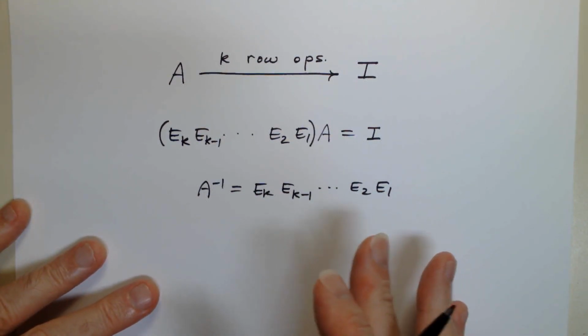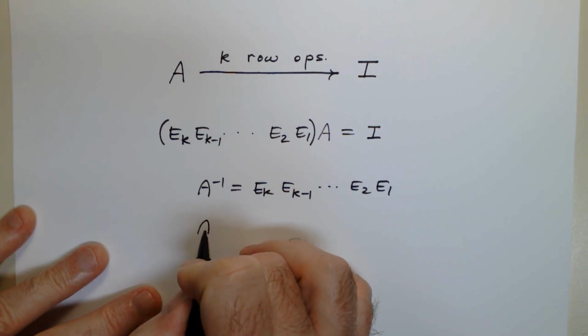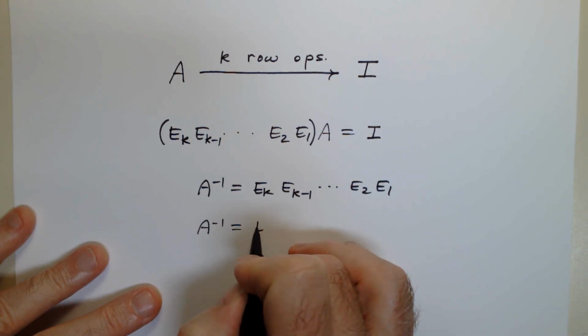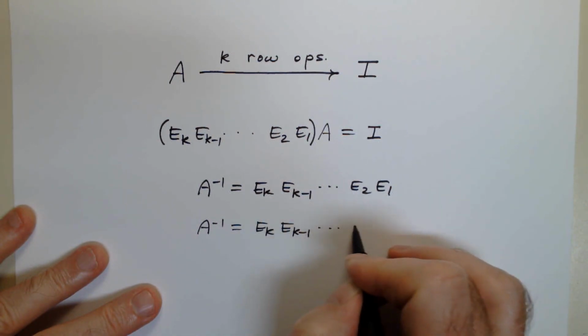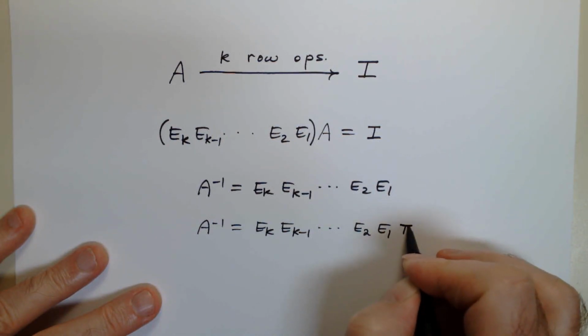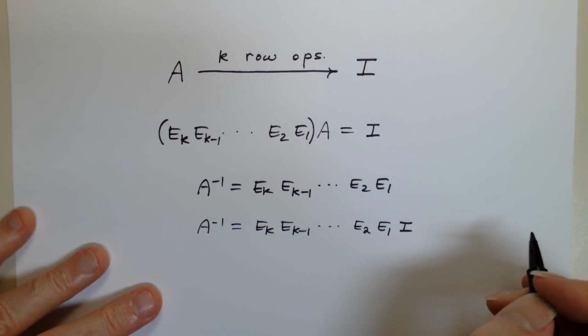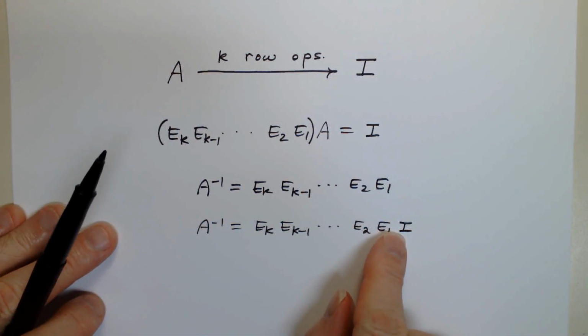It looks like a trivial step, but it'll help us visualize the conclusion. I'm going to tack on the identity matrix at the end. And the reason I want to do that is because now this looks like a row operation.